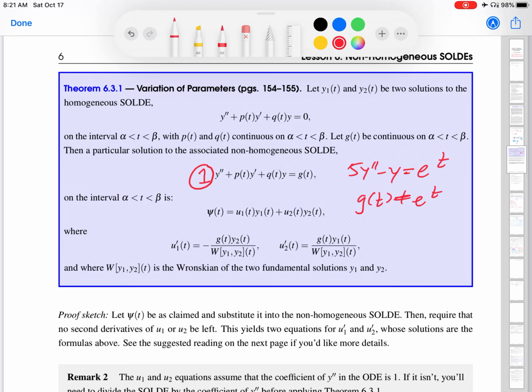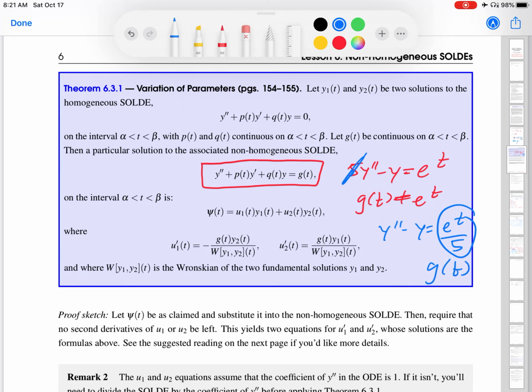All right? So not for the purposes of variation of parameters, because the whole theorem assumes that this is the form of the ODE. Right, so we would have to go in here and divide by 5 to obtain this ODE, e to the t over 5. And then this would be my g of t, for the purposes, again, of this theorem.